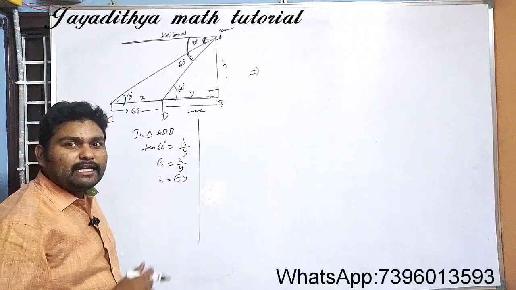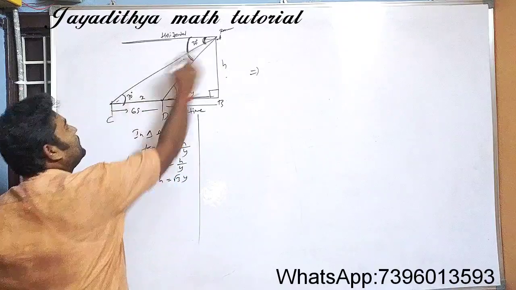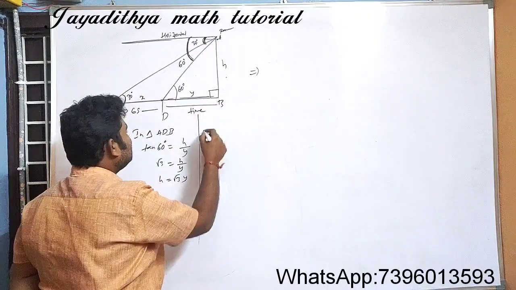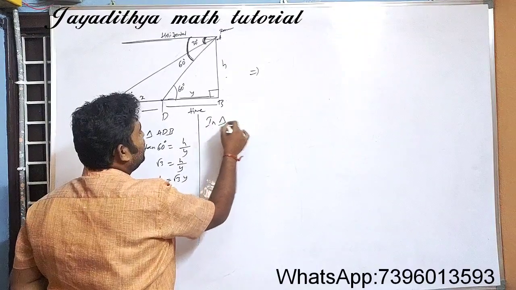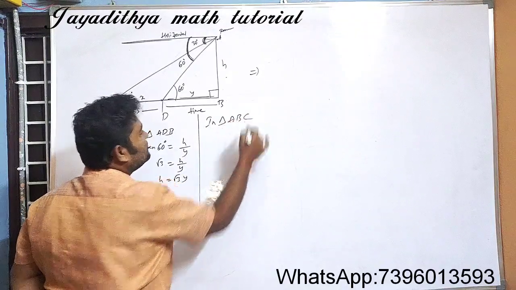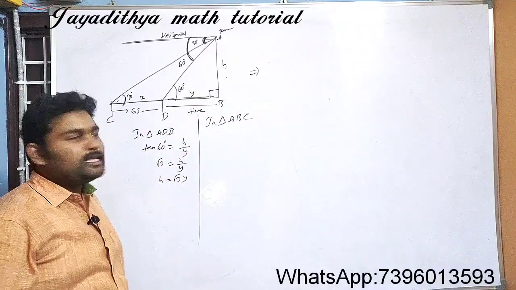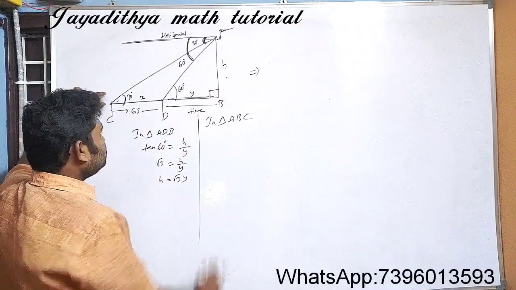Okay. Now next, which triangle will you be taking? You should take triangle ACB. In triangle ABC, 90 degrees must be there compulsorily. Okay.